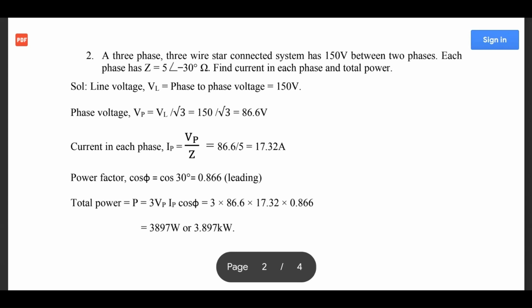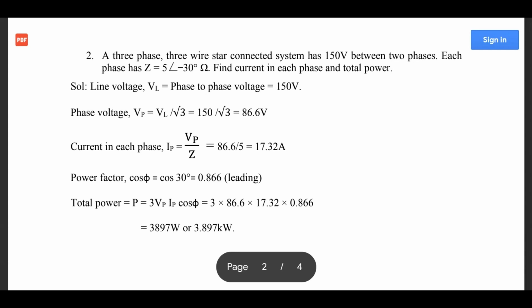It is given as the voltage between two phases. So it should not be confused. It should be clear that it is the line voltage, and each phase has the impedance of Z equal to 5 angle minus 30 degrees, and we are required to calculate the current in each phase and total power.